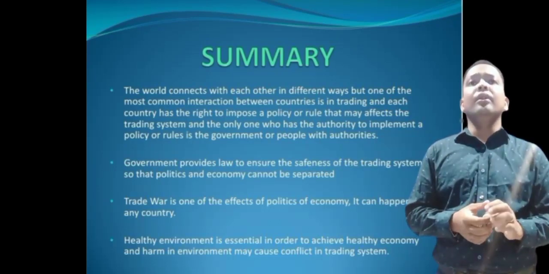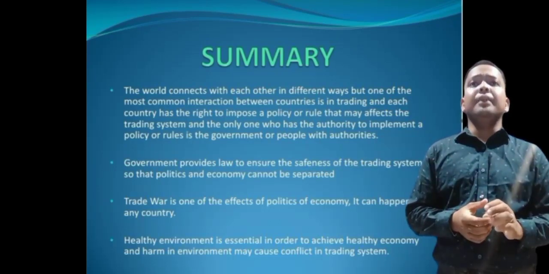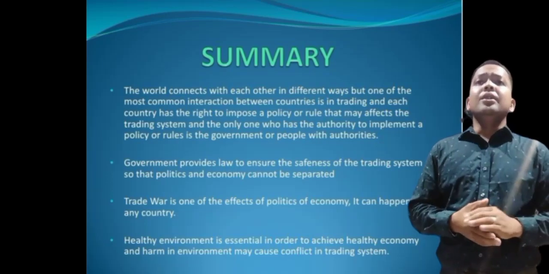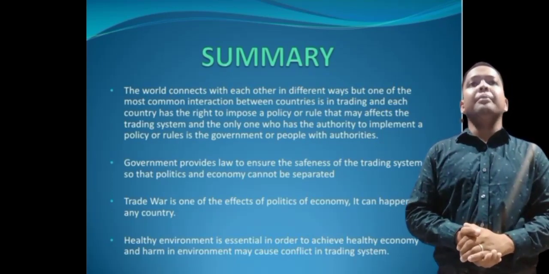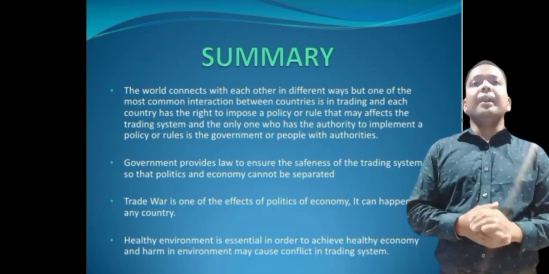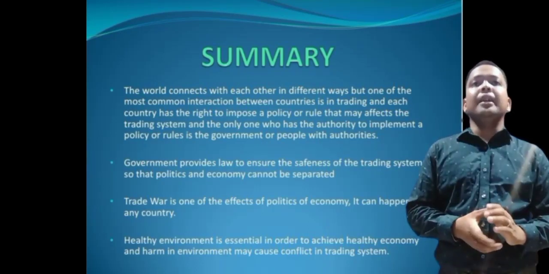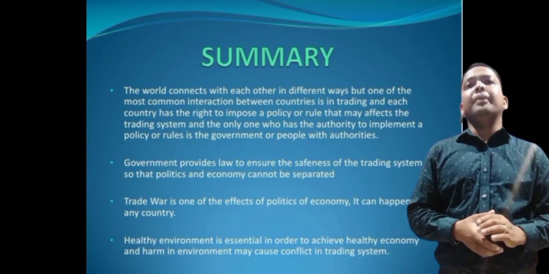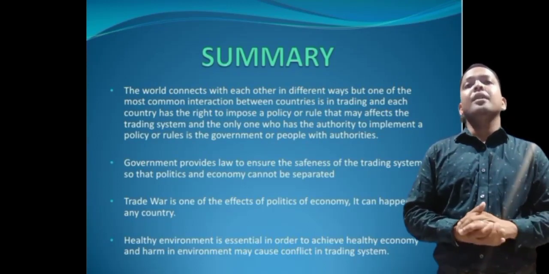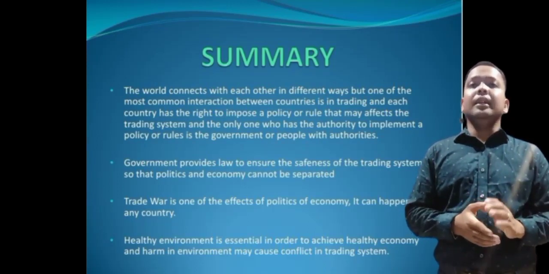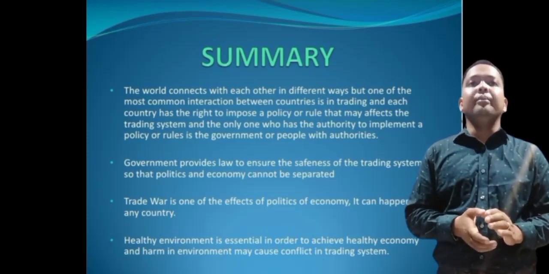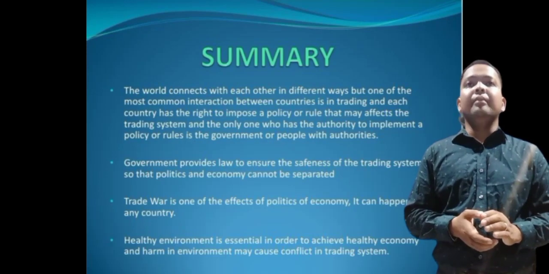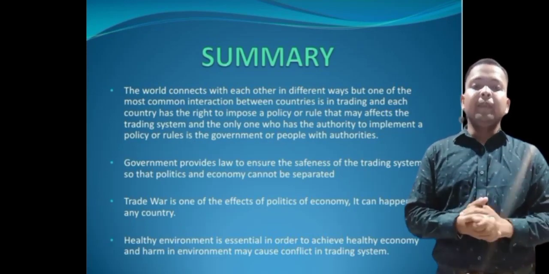Government provides law to ensure the safety of the trading system, so politics and economy cannot be separated. Trade war is one of the effects of the politics of economy. It can happen to any country. Next but not least, a healthy environment is essential in order to achieve a healthy economy, and harm to the environment may cause conflict in the trading system.